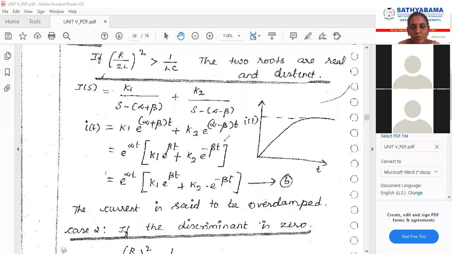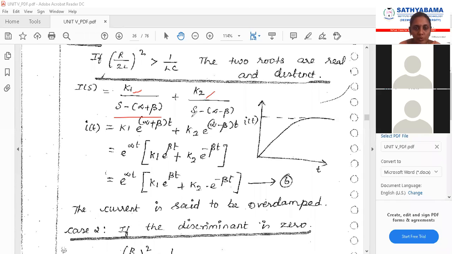So I will have K1 and K2 as constants. In some books it is given as A and B; we have taken it as K1 and K2. So K1 by (s minus (alpha plus beta)) and K2 by (s minus (alpha minus beta)).